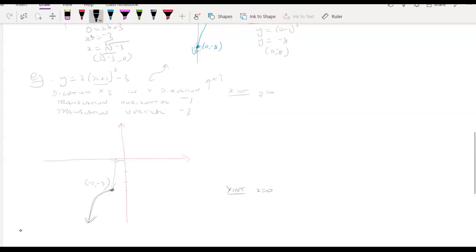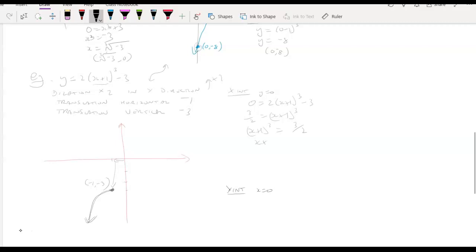For the x-intercept, y equals 0. 0 equals 2 times (x plus 1) cubed, take 3. Add the 3 over and divide by the 2. I just like to write it around the other way usually.